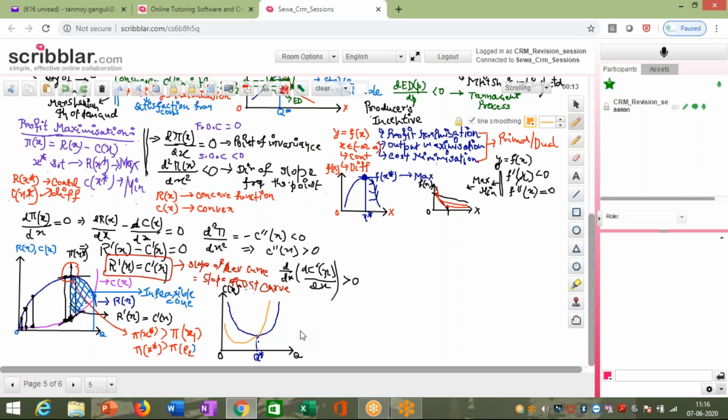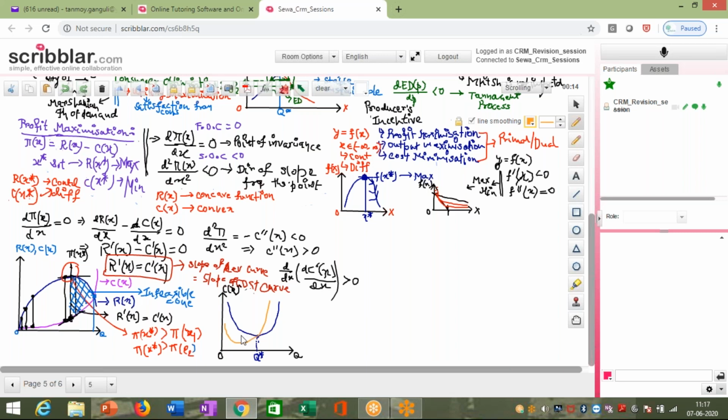So the profit maximization exercise happens at a point where not only marginal revenue is equal to marginal cost, but the marginal cost curve is also positively sloped and rising. So now the question is that in a perfectly competitive market, how does the marginal revenue curve look like?